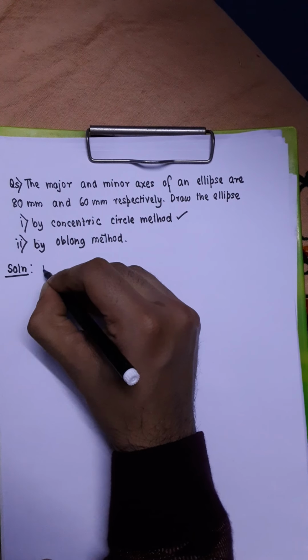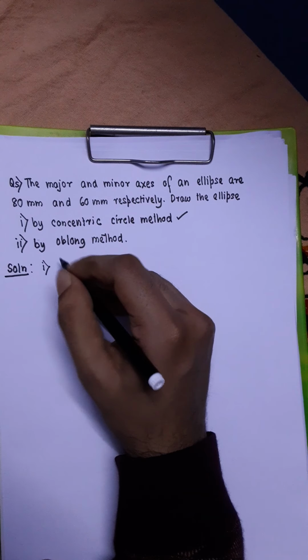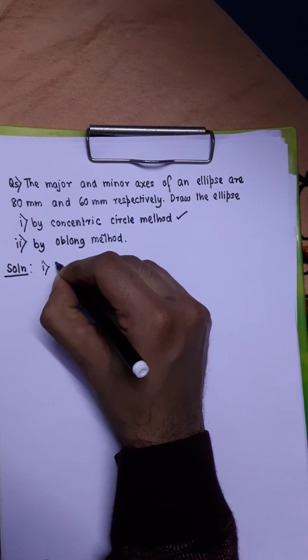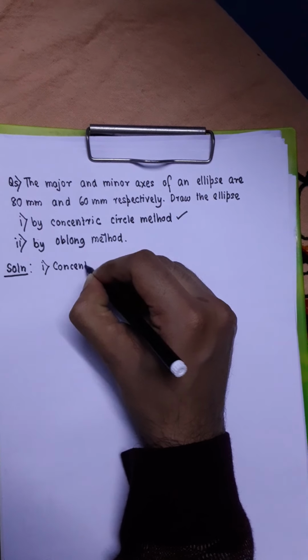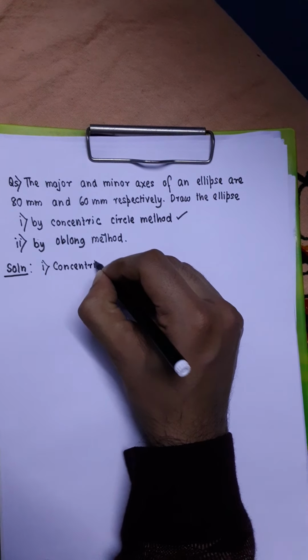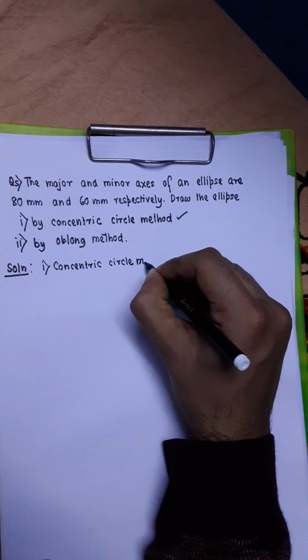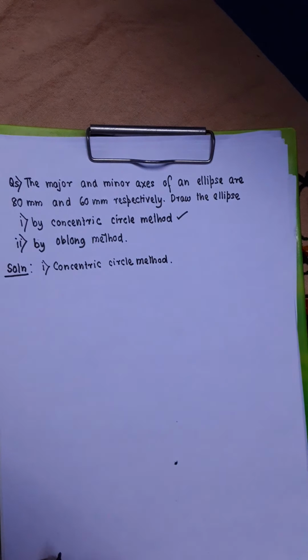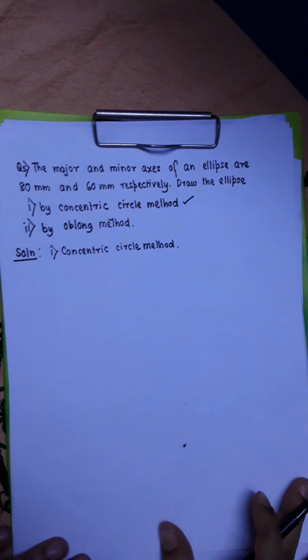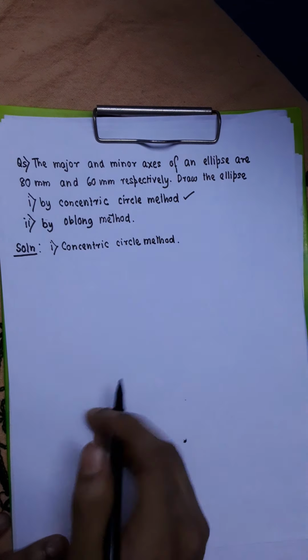So first we will learn the ellipse construction by the concentric circle method. Please follow the different steps of this method as I am describing.